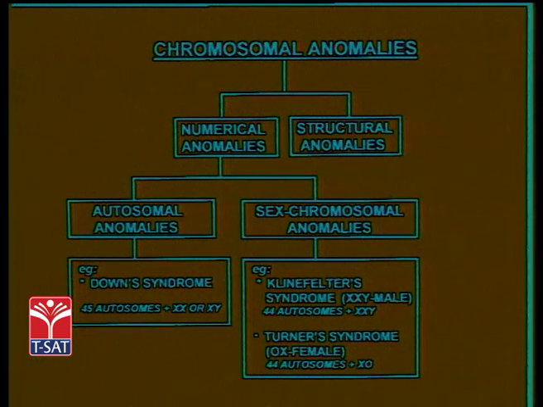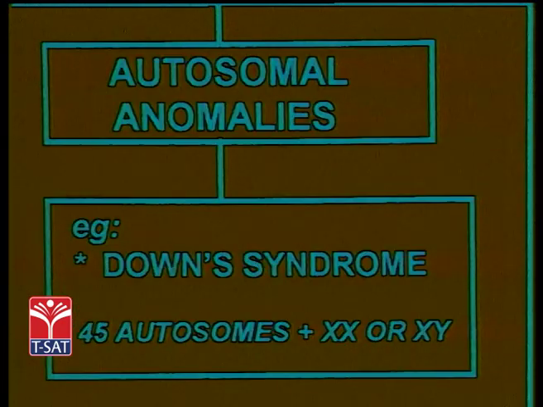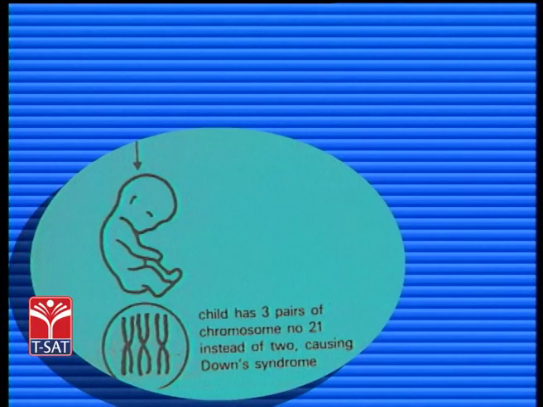The numerical anomalies are again either in the autosomes or in the sex chromosomes. If it is in the autosomes, this is called autosomal anomalies. If it is in the sex chromosomes, it is called sex chromosomal anomalies. The example for these autosomal anomalies is Down syndrome or trisomy 21.